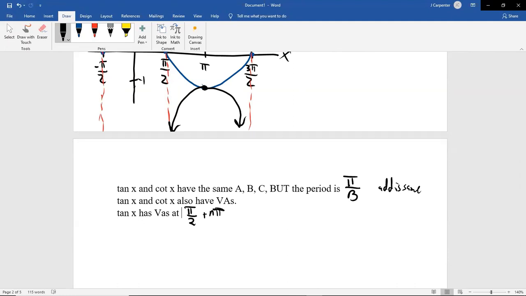You want to know why? Tangent has the exact same vertical asymptotes as secant, because secant has cosine in the bottom and tangent has cosine in the bottom. So tangent has the exact same vertical asymptotes as secant because both of those have cosines in the bottom.